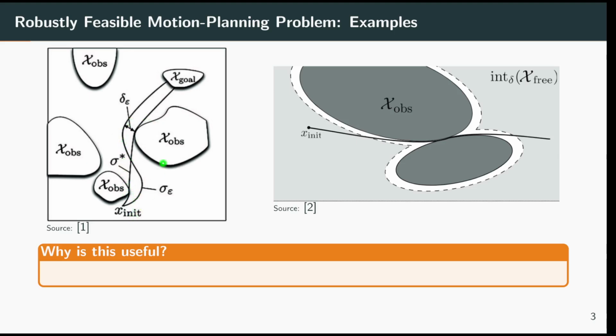And then if we want a robust solution, then we essentially make sure that there's always some clearance. So that means here the robust solution has to go a little bit further away. And then for all of these possible robust solutions, we also want to minimize costs, typically for a given delta or epsilon.